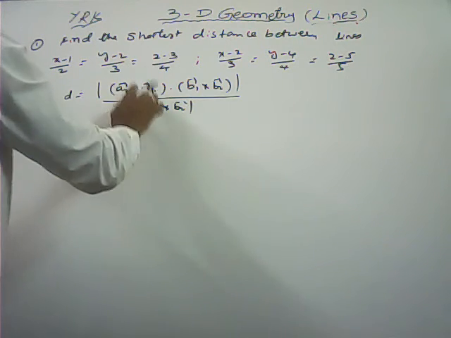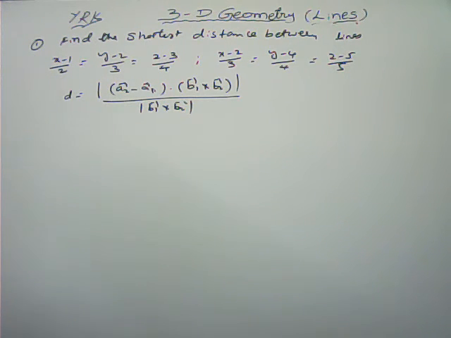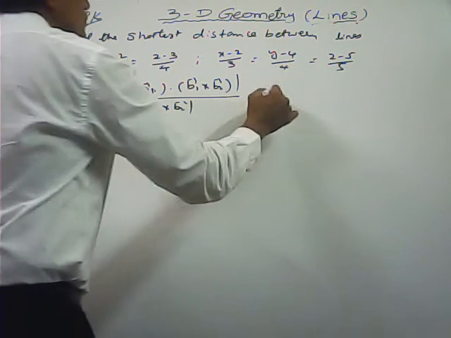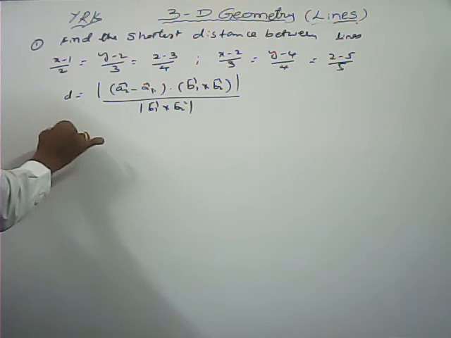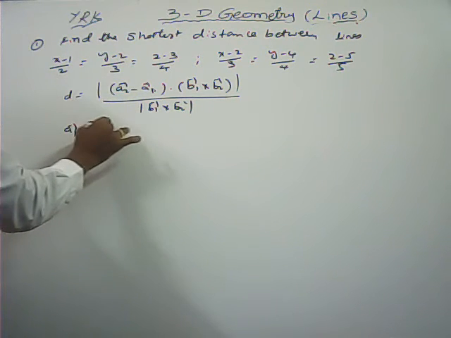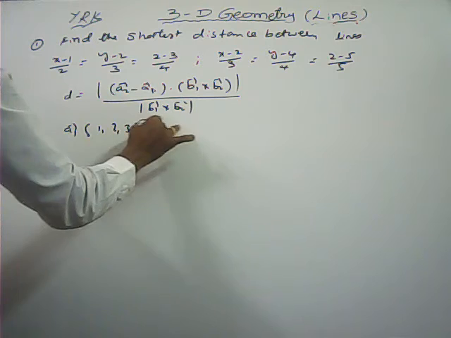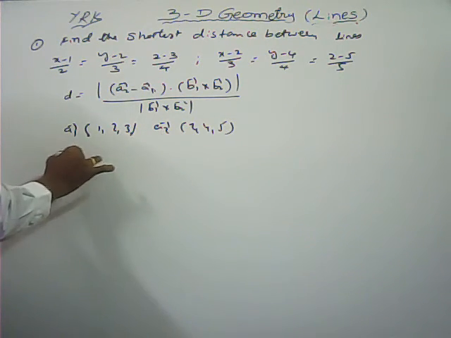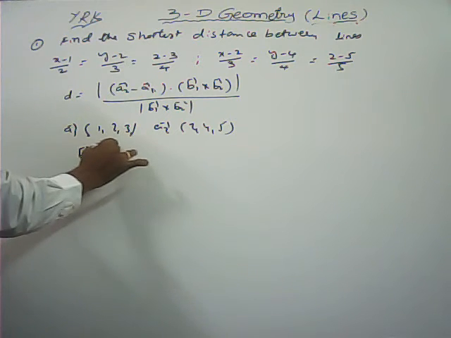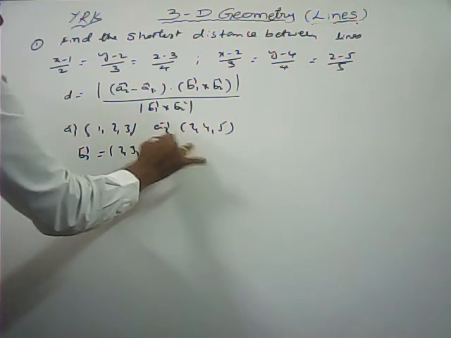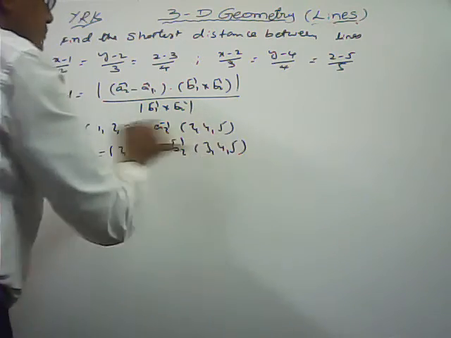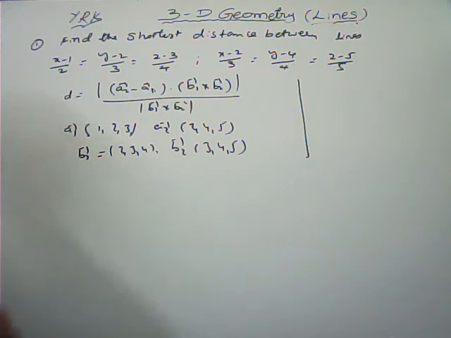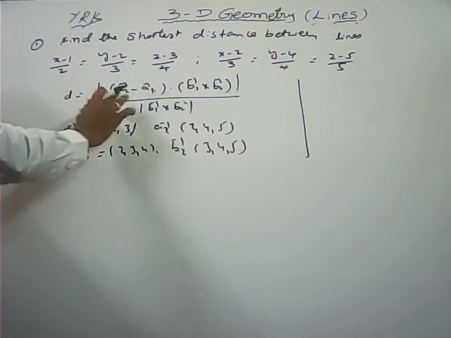Now here I am finding the distance between these two skew lines. So A2 bar minus A1 bar, what about that one? Here A1 bar is 1, 2, 3 and A2 bar is 2, 4, 5, and B1 bar is 2, 3, 4 and B2 bar is 3, 4, 5. So determinant of, here this is the scalar triple product, how to find box ABC?